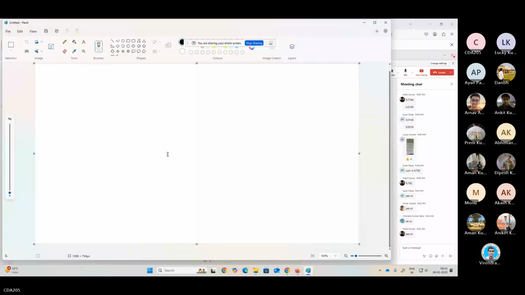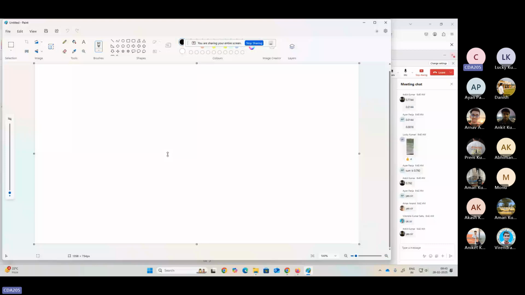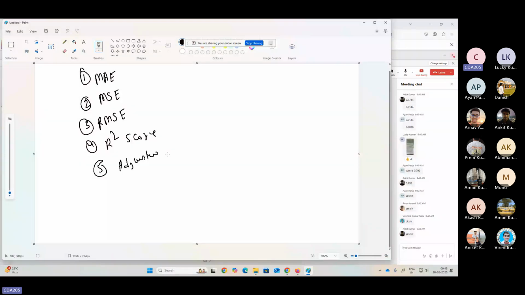Okay. So we have seen what we have studied for the regression metrics. First of all, we have seen the MAE, then the MSE, then the root mean square error, then the R square, R2 score, and the adjusted R2 score.